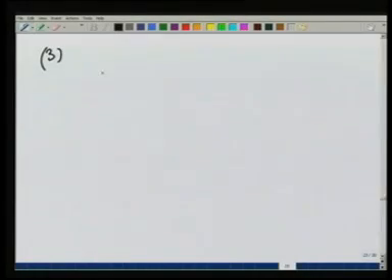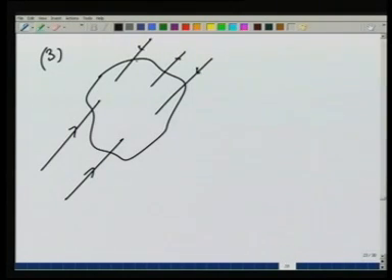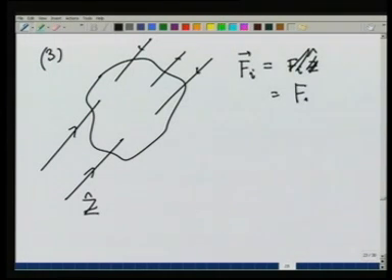As a third situation, let us take forces which are all parallel. Since they are all parallel, let us take that direction along which they are acting as the z direction again. So, all forces f i vector can be written as f i, with the unit vector that we have been using, k.